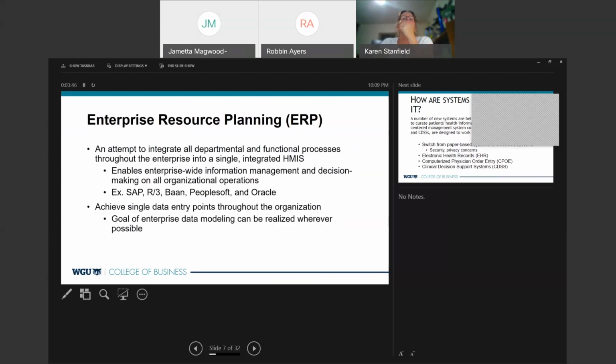Enterprise resource planning, an attempt to integrate all departmental and functional processes throughout the enterprise into a single integrated HMIS. If you see a theme here, you should be seeing that efficiency. How can we improve efficiency? How can we make our services better?